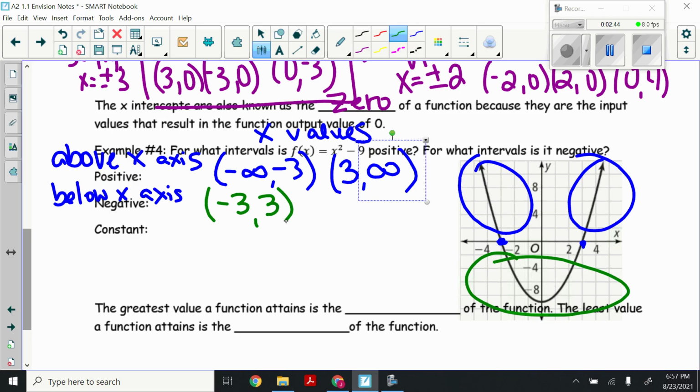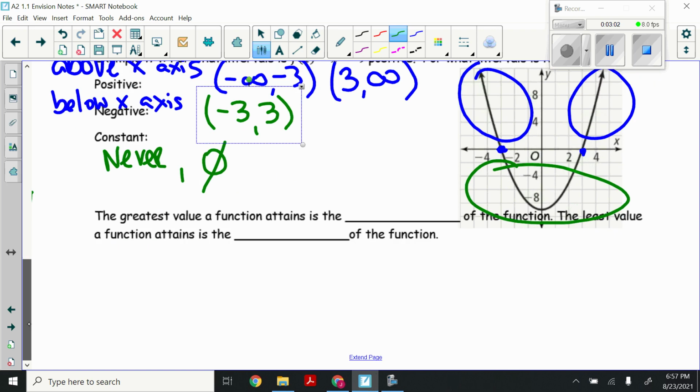Constant: do we have any place where we just have a horizontal line? No, so this is never constant. We could write never, or we could use the symbol, the 0 with the slash through it, which means never.